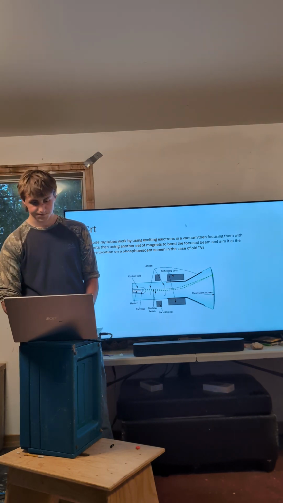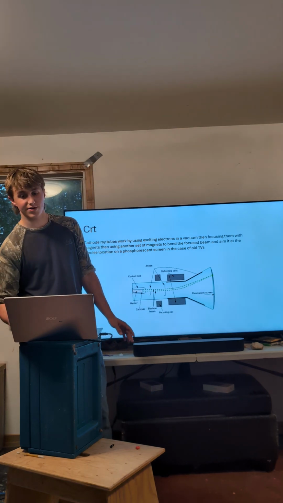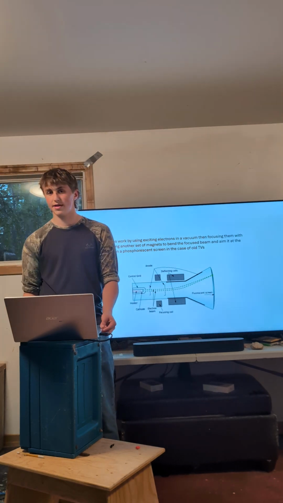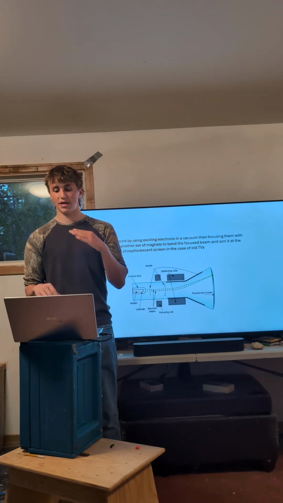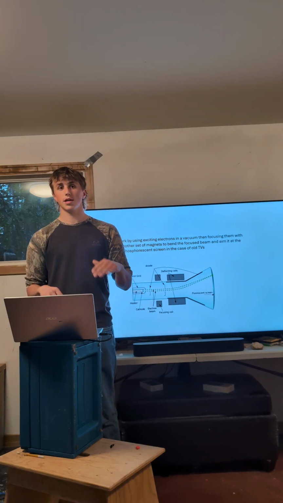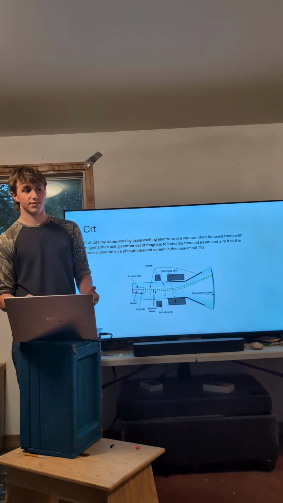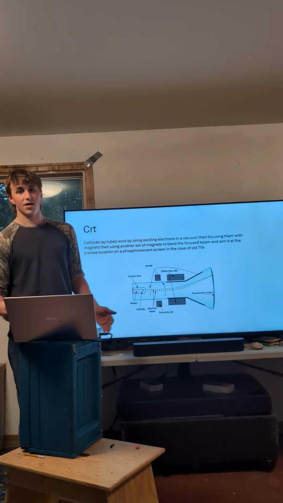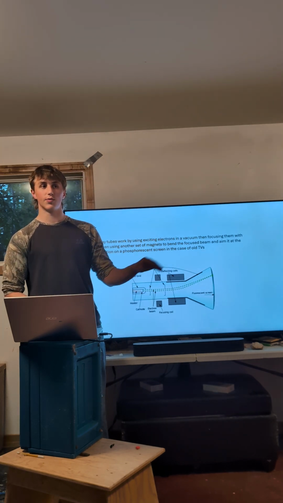So it has the focusing magnets, which focus it into a high energy beam, and then it has another set of magnets which bend that beam towards any given point, which can be useful for working cathode ray tube televisions. So you fire it at the photofluorescent screen and it lights up where you want it.